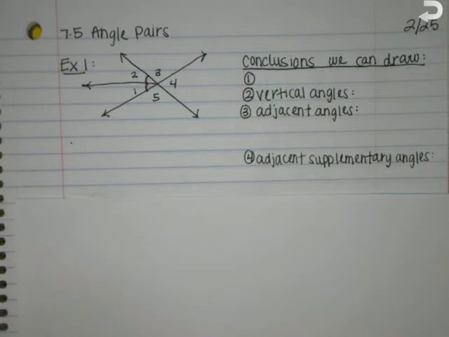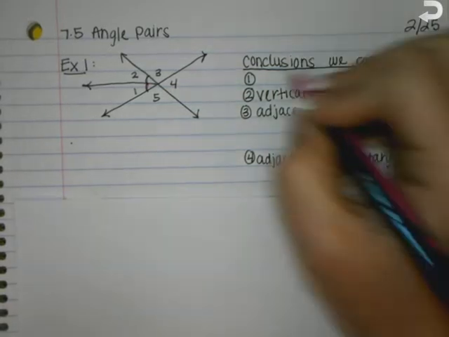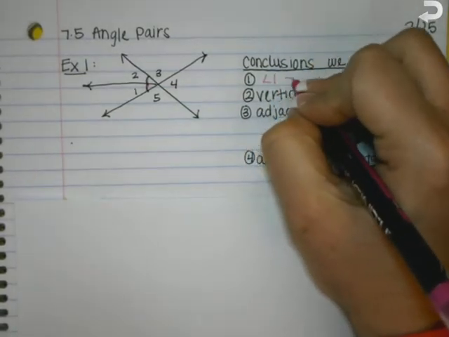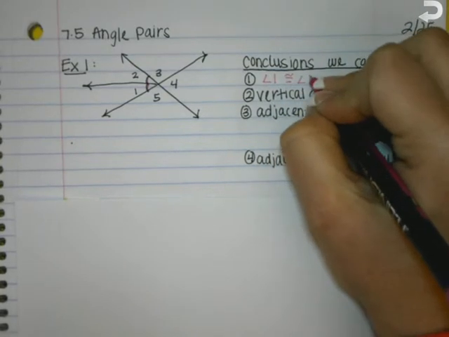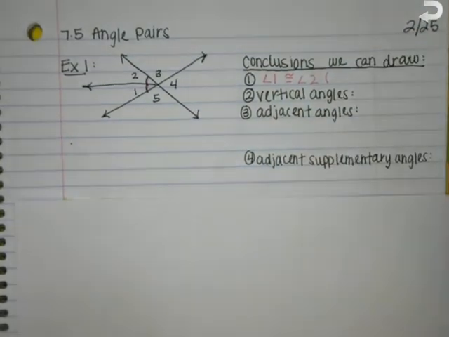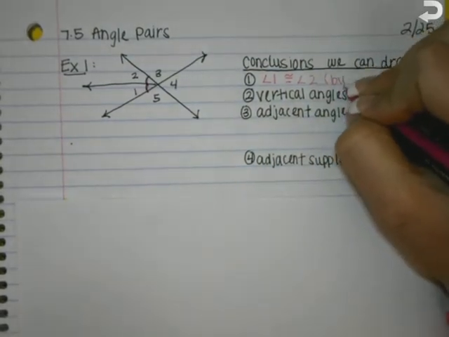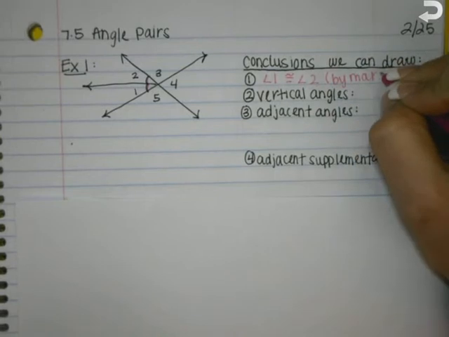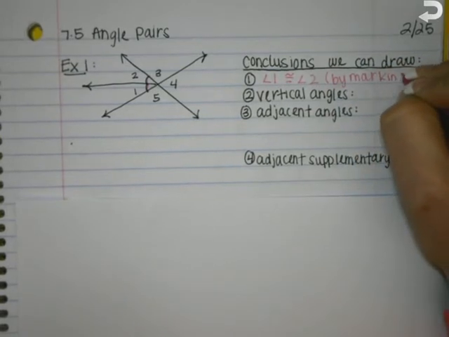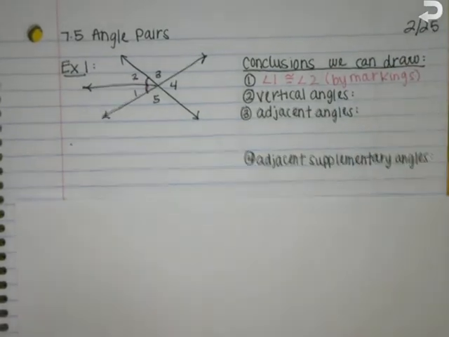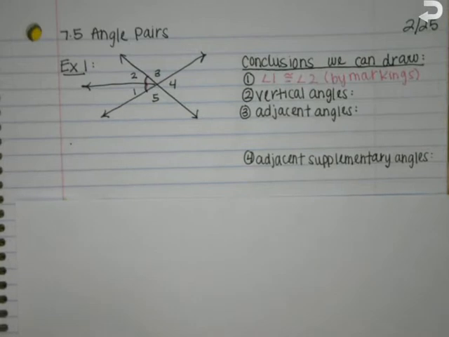It's not 90 degrees. You can't assume they're 90 degrees, but it is congruent. So we can say angle 1 is congruent to angle 2. And in parentheses, I'm just going to write by markings. Because we can tell from the given or from the markings that are already on the figure that those are congruent. Does that make sense?